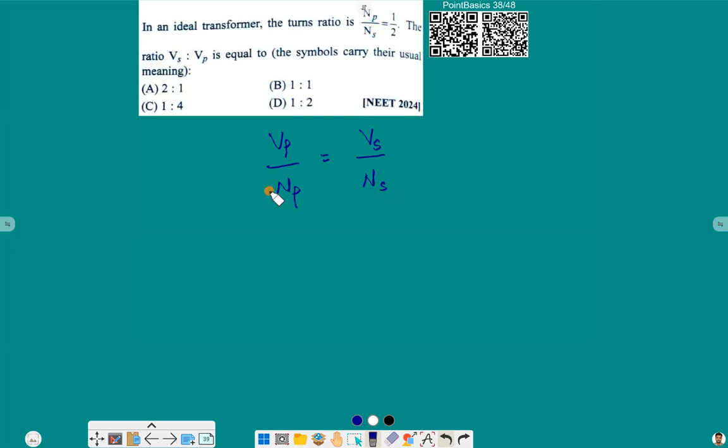We can say voltage per unit turn is equal in both the primary and the secondary coil of the transformer. So we have the ratio of Np and Ns. From this we can write Vp by Vs is equal to Np by Ns. That Np by Ns is half. So it is asked Vs by Vp. So Vs by Vp will be 2, or 2 ratio 1. Option A will be the right answer here.